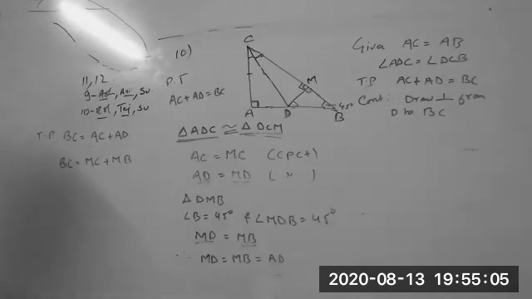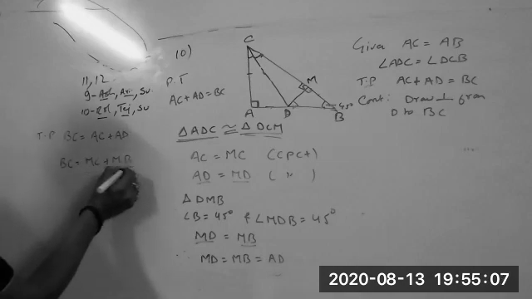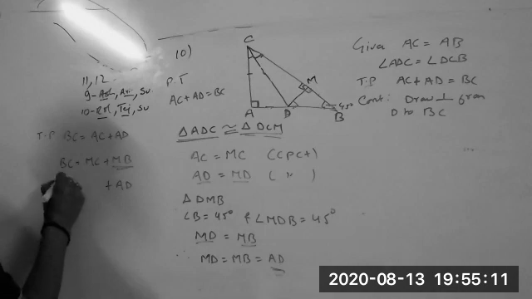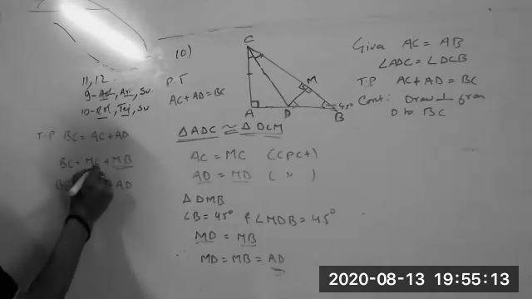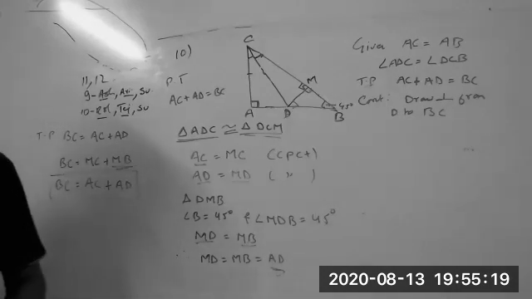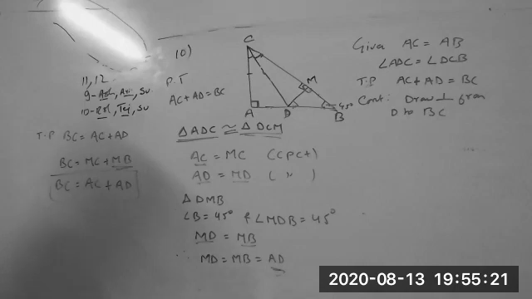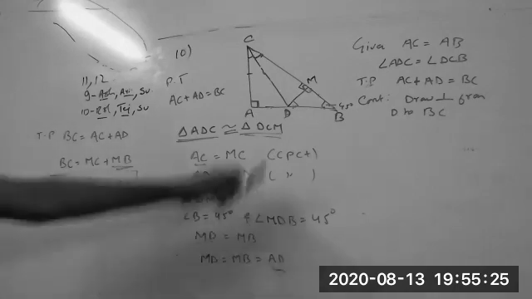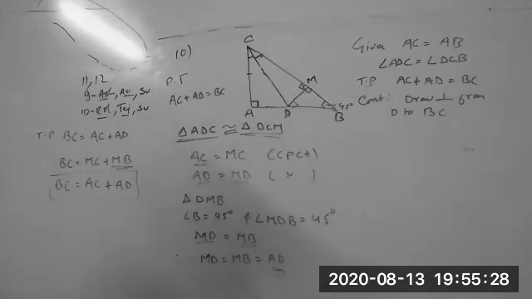So MB can be replaced with AD, and MC can be replaced with AC. Done. Proved. You can forget this construction. This is the important thing.